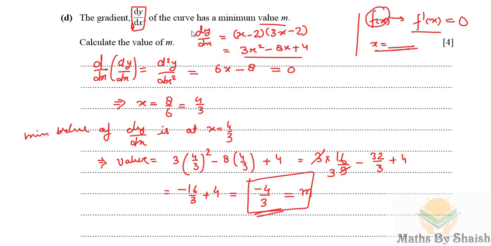And since for dy over dx the x square coefficient is 3, the curve is going to be like this, so it will have a minimum value, and this minimum value is m. So we will differentiate this again, that is the second derivative, and we will get the x value from there. For this x value, dy over dx is going to have its minimum value, and when we substitute this value of x as 4 by 3, we will get that minimum value, and that is given as m.